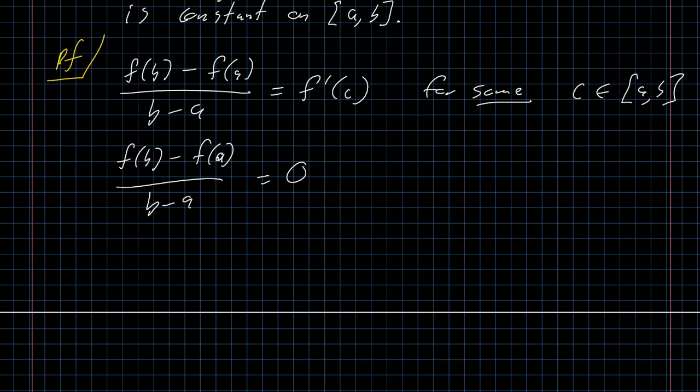That tells us, assuming that a and b are not the same point, we can multiply by that and get that f of b minus f of a is equal to 0, which is only true if f of b is equal to f of a.